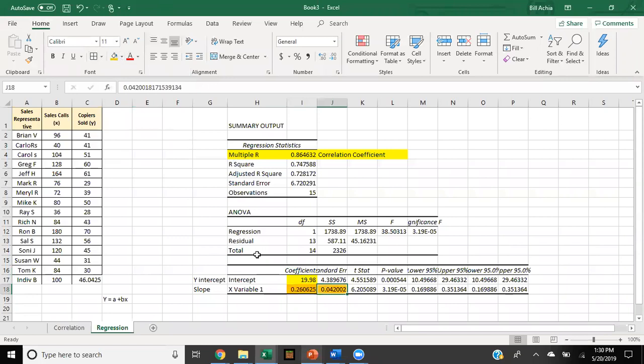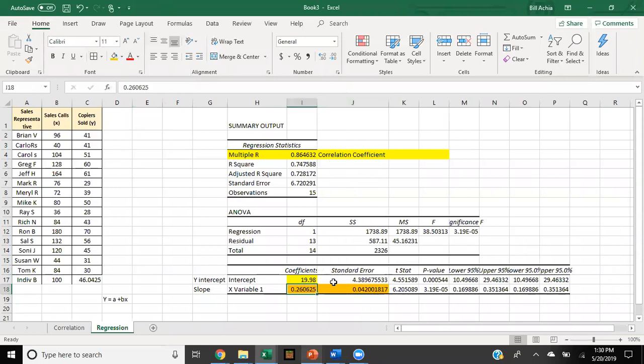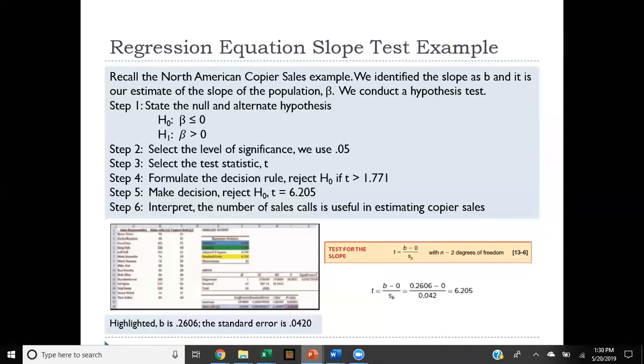That information is also already provided in your output. The standard error is bigger. So you have your beta, you have your standard error value of 0.042, and with that information, we can now calculate our test statistic.